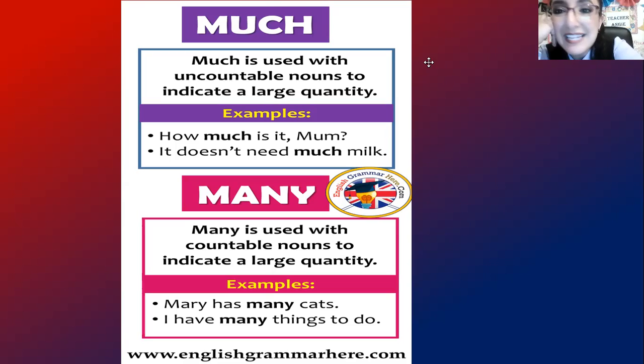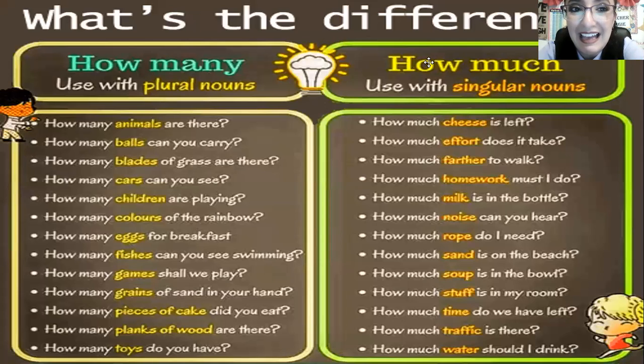Mary has many cats. You can be counting those cats. I have many things to do. You can count all the things that you are going to be doing during the day. How many? How much? Plural nouns, many. Singular nouns, how much.